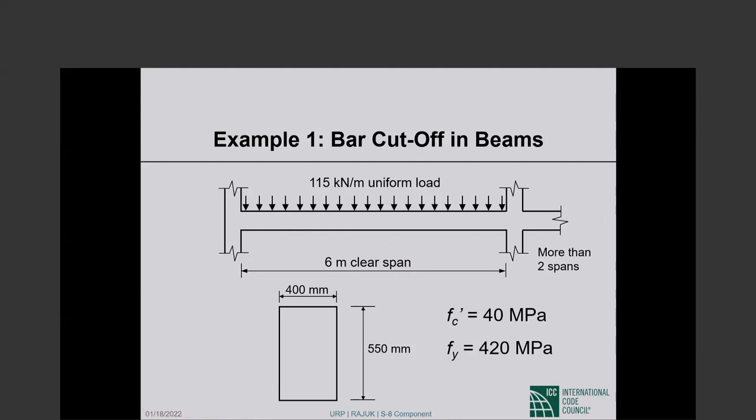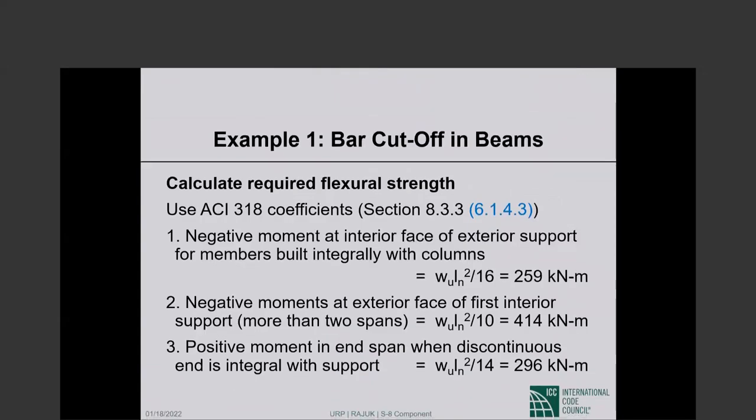We are deliberately using the same beam for different examples, so you can compare and put things together. 400 by 550 is the section dimension. Concrete strength 40 MPa, and the steel strength is 420 MPa.